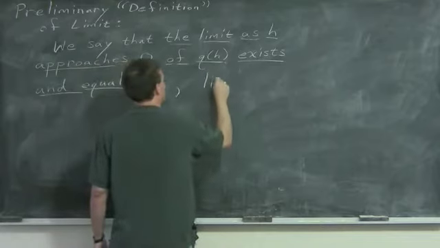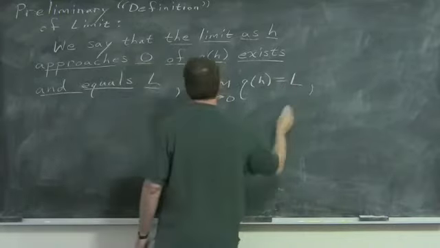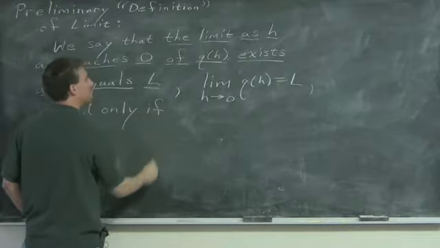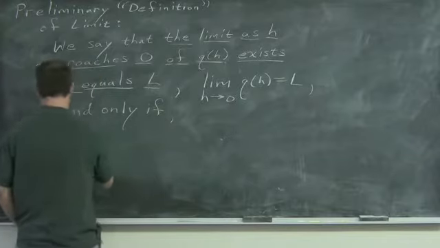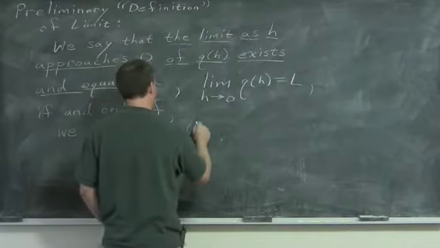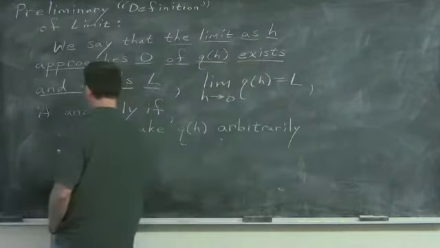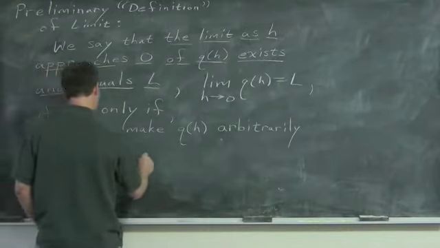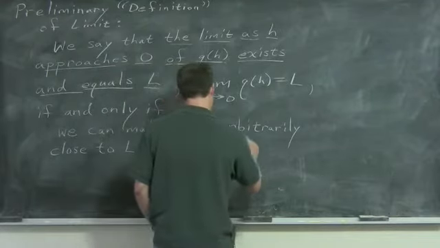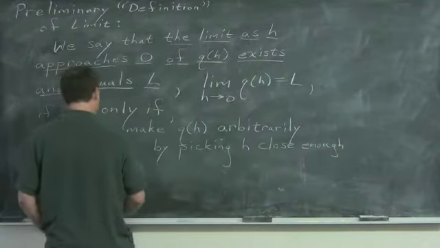And we write all that by just saying, in notation, the limit as h approaches 0 of Q of h equals L, if and only if, where L here is a real number, we can make Q of h arbitrarily close to L by picking h close enough to, but unequal to, 0.